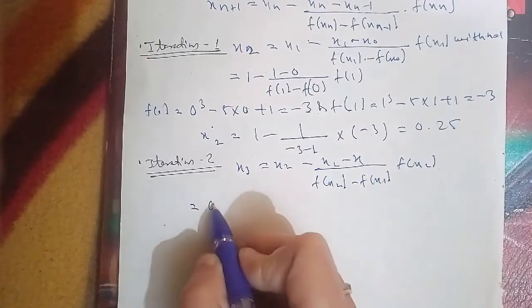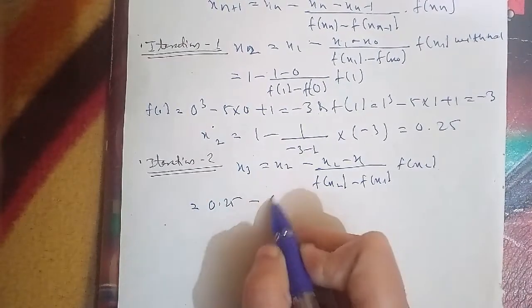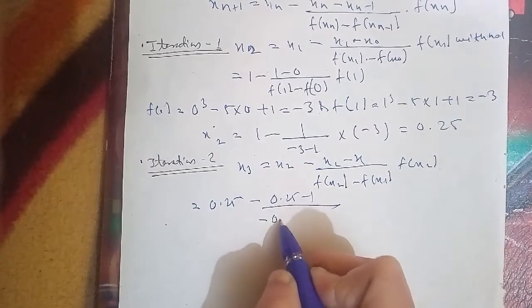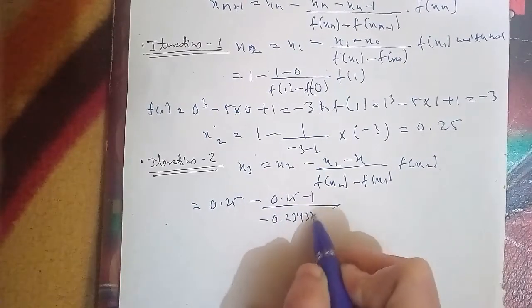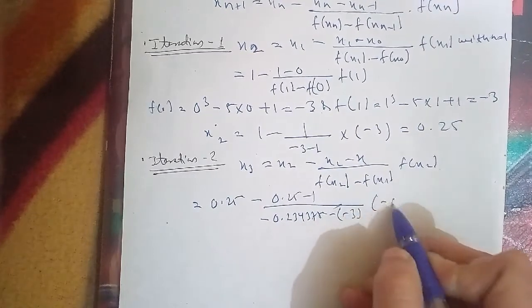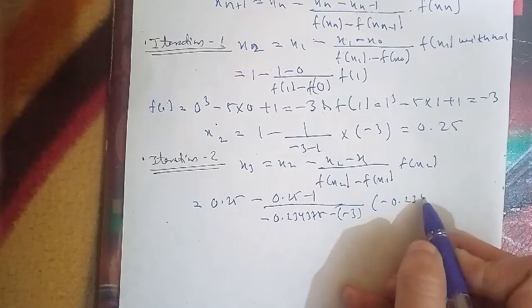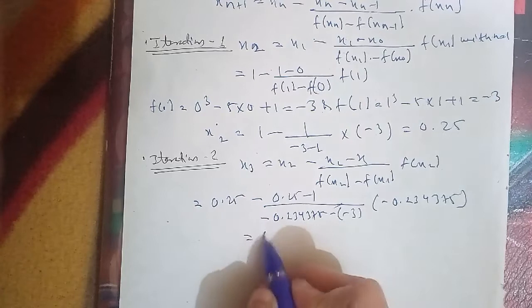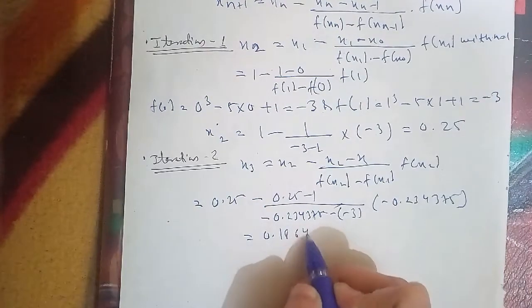It will be equals 0.25 minus 0.25 minus 1 upon, it is equals to 0.186441.